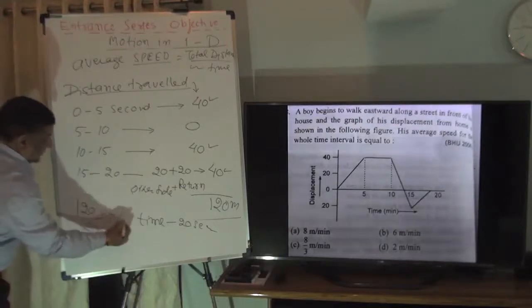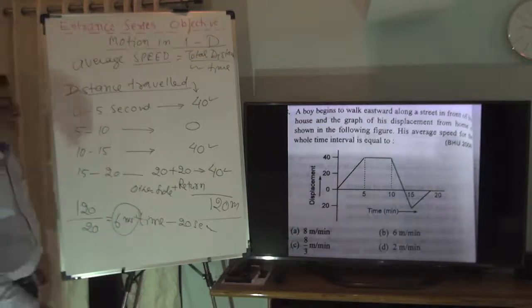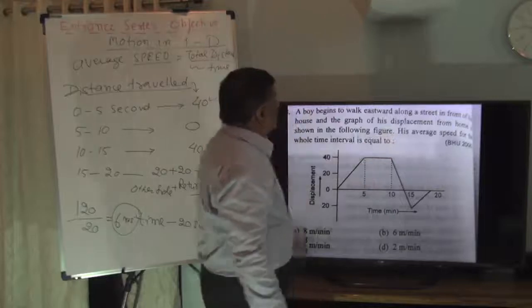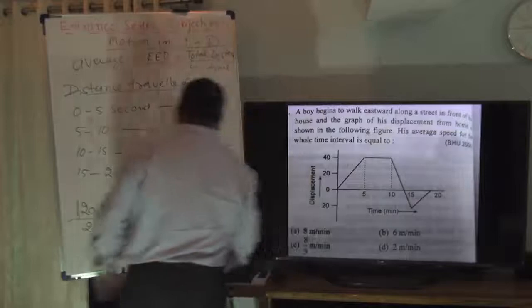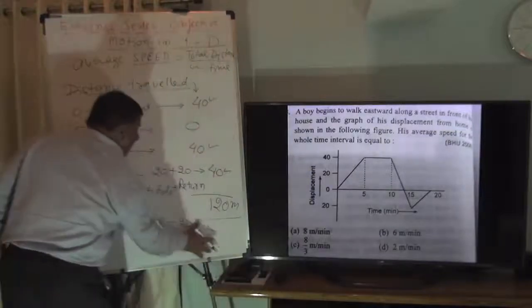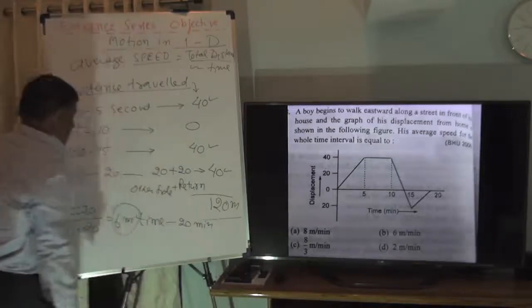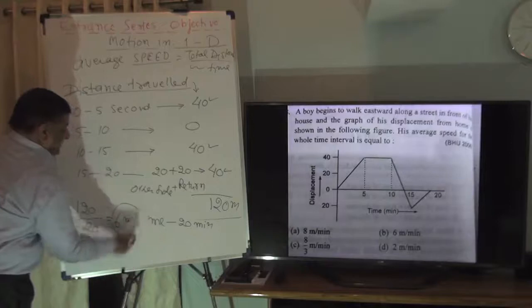So 6 meter per second is the average speed. Oh, it is not per second, it is per minute, because this is in minutes. So we will write it minute, no problem.